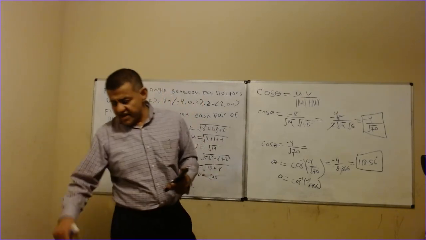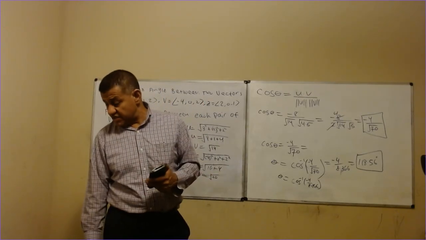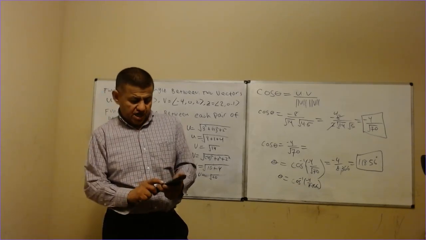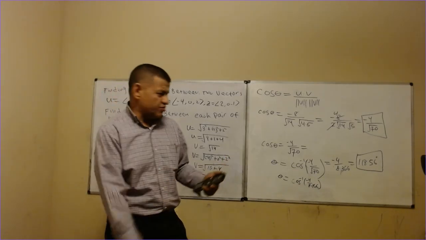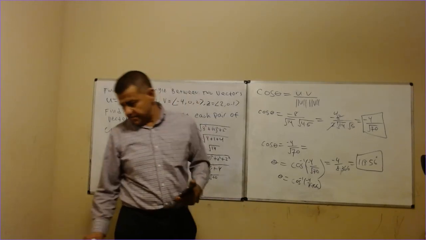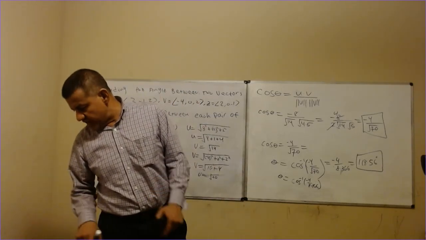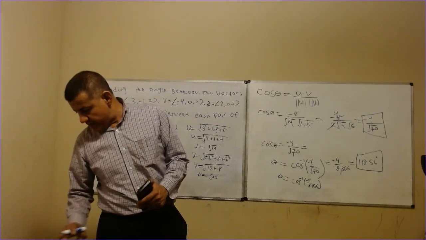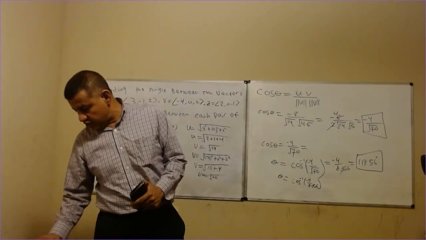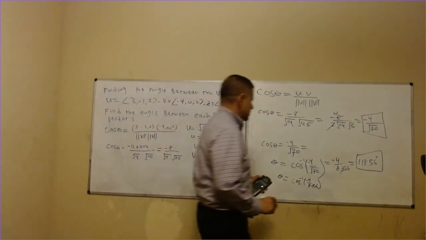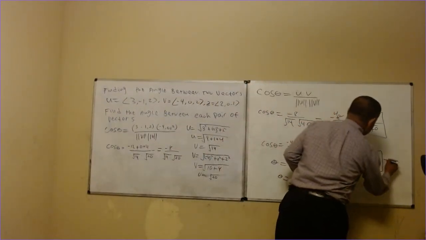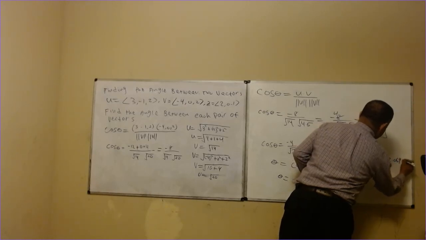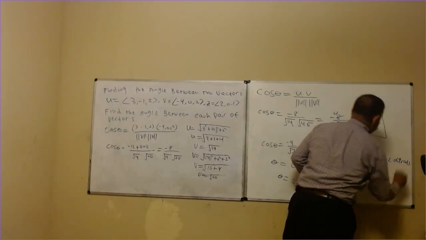The book uses radians. I mean, you can use radians too. It doesn't really matter. All you have to do is change your calculator to the radians mode. If you do that, you will get about 2.069 radians.